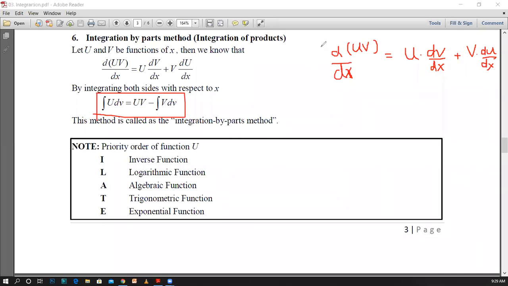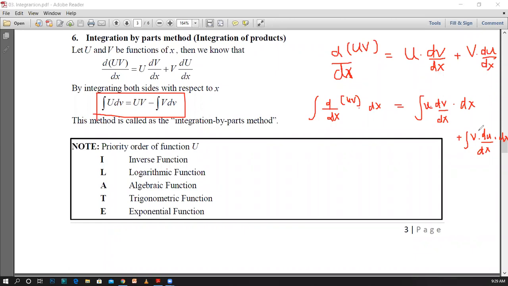It is like this: if you take the integral with respect to x, the integral of d over dx of uv dx equals the integral of u dv over dx dx plus the integral of v du over dx dx.